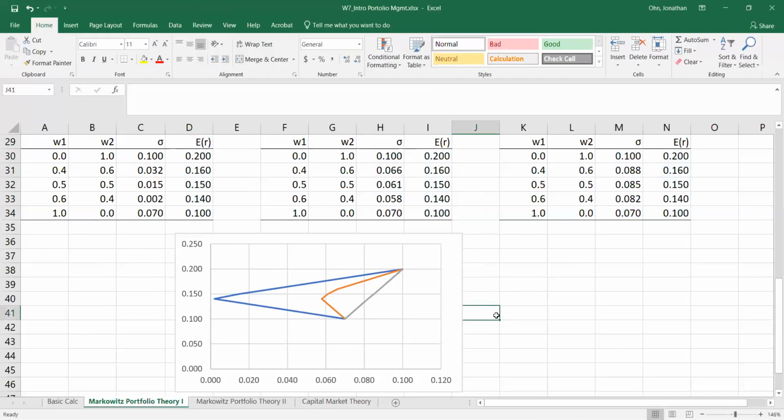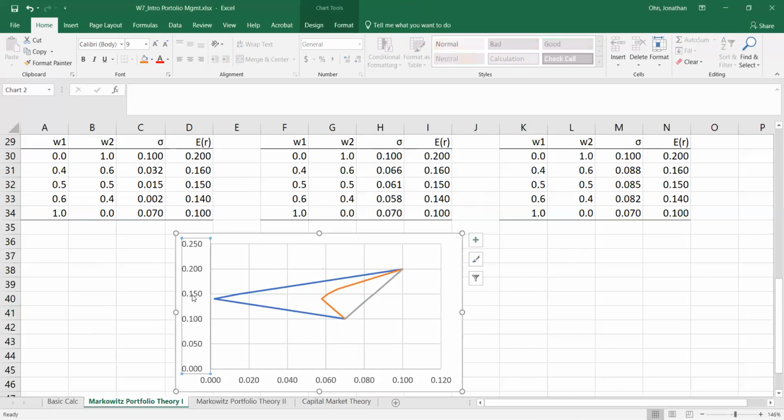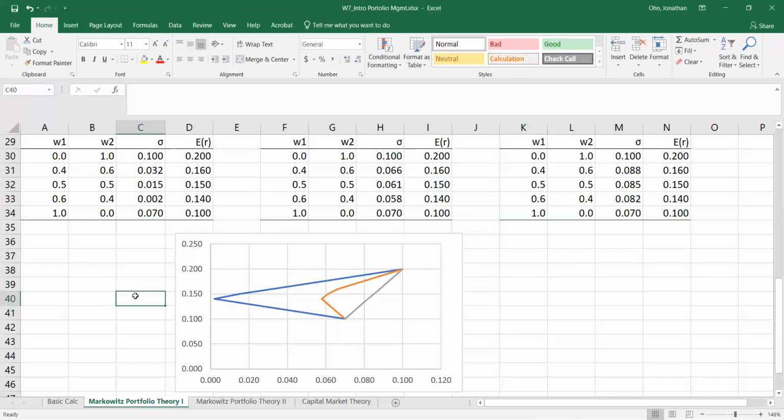All right, let me explain what this means. Now look at this one. Look at the 15% return. Let me just go straight to the point. To create 15% return, there are three different cases, right?